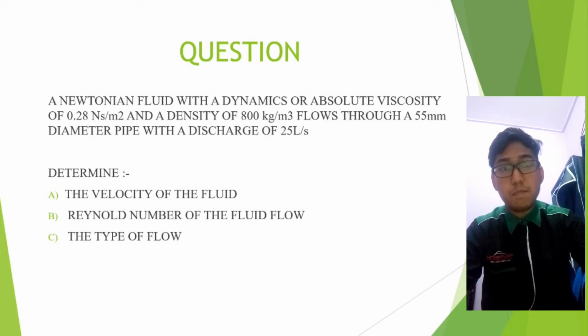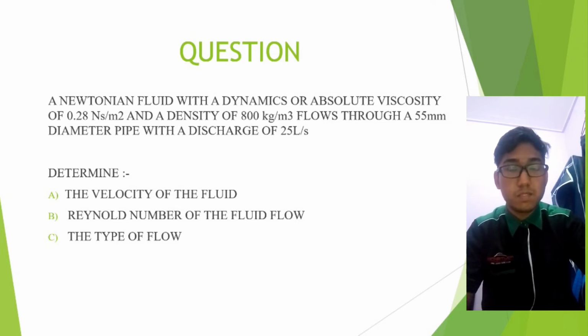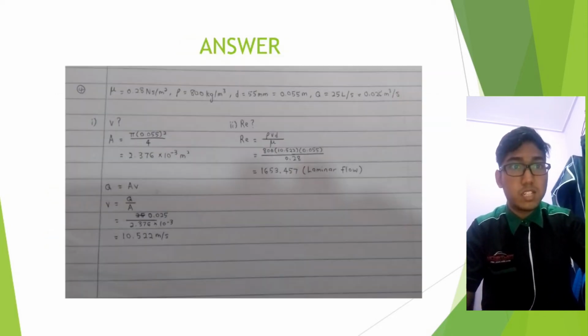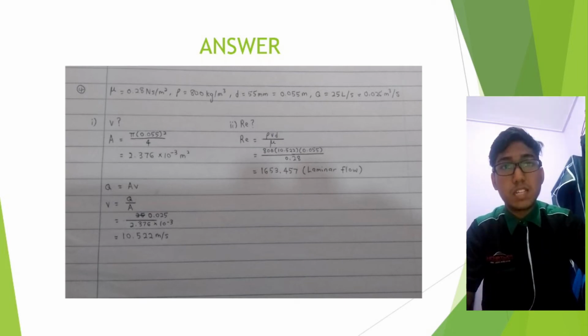So for the first step, I will list down all the information given on a blank paper. So we write down dynamic viscosity equal to 0.28 Newton second per meter squared, and density equal to 800 kg per meter cube.